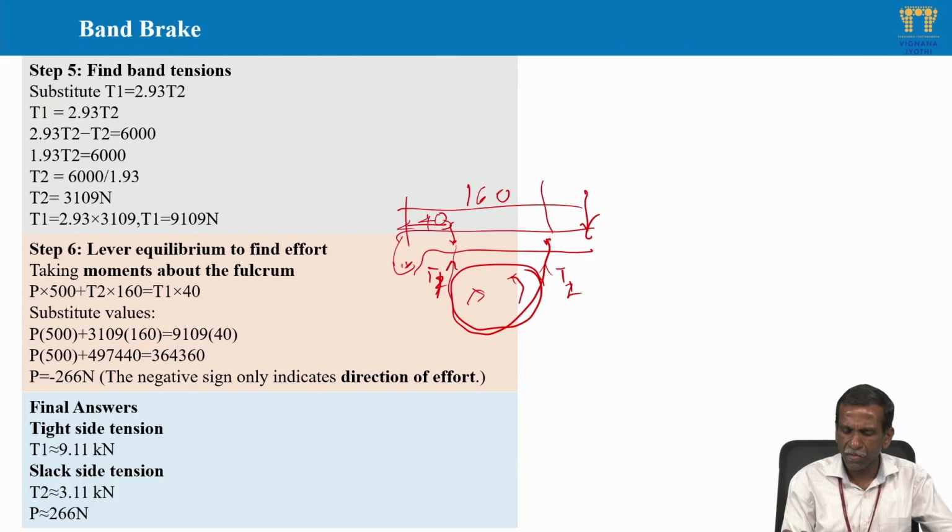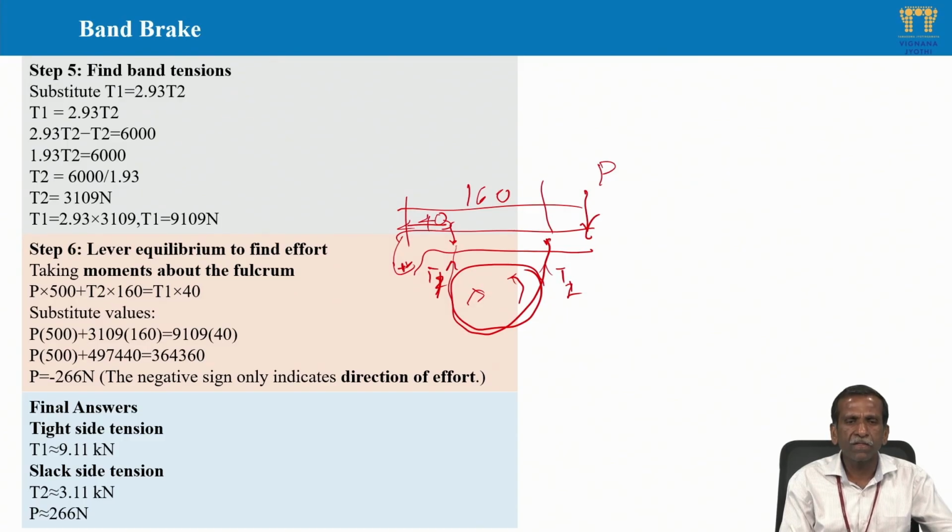Then if you take moments about the fulcrum, it is P into 500, and T2 into 160 equal to T1 into 40.